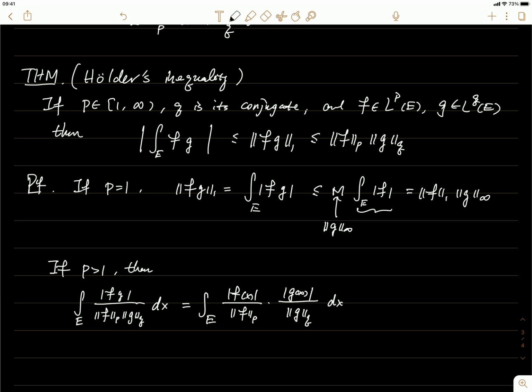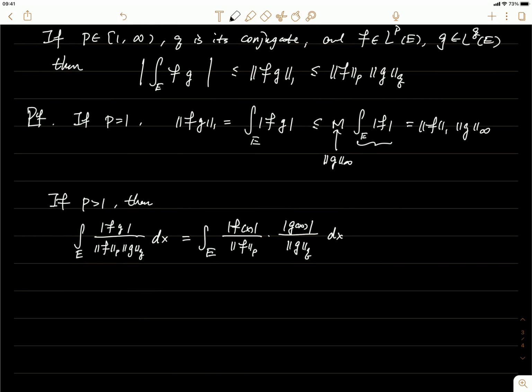Take the integral, and we know that, according to Young's inequality, we can treat this as u, this as v, and in this case it will be less than or equal to the integral of u to the power p divided by p. So it's this, with f(x) to the power p, let me put the p outside, plus 1 over q, and g(x) to the power q, again with the q outside.